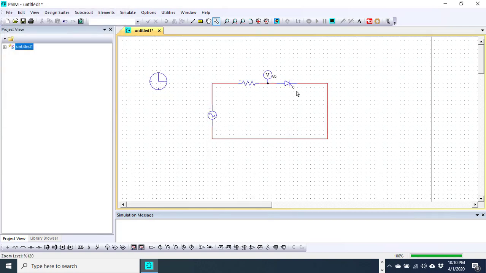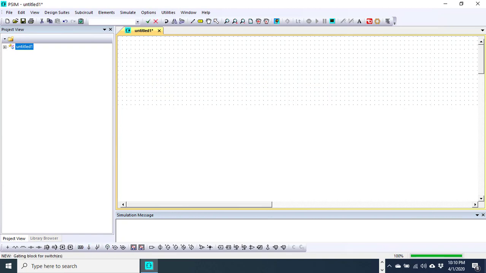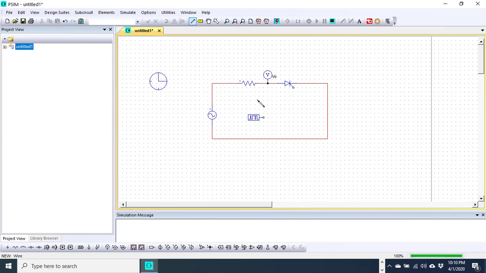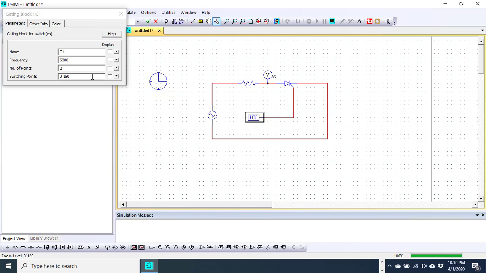Now for this device I need a gate signal for triggering the SCR basically. So I'm going to connect the gate block. Okay, so I have connected over there, and then I have to adjust the frequency. As our line frequency is 50 Hertz, I have adjusted 50 Hertz as the gate signal.